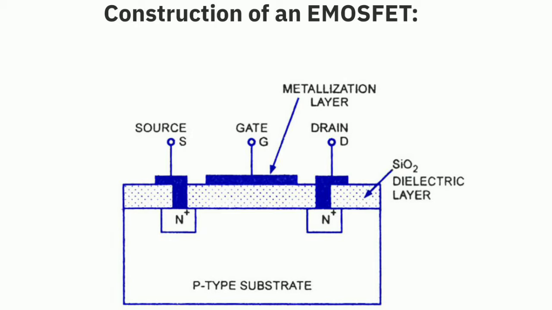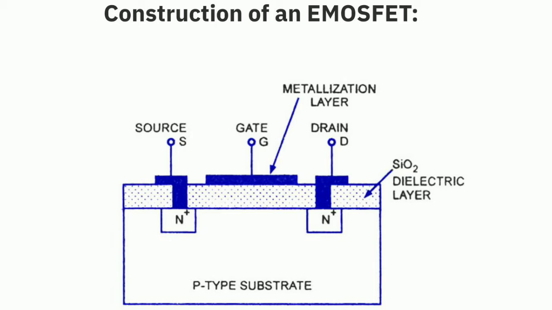As you can see in the construction of N channel E MOSFET, there are three terminals, again drain, source and substrate. It has a P type substrate into which two N regions are diffused. A metal contact is attached to the P substrate and a terminal is taken out called the substrate, SS.